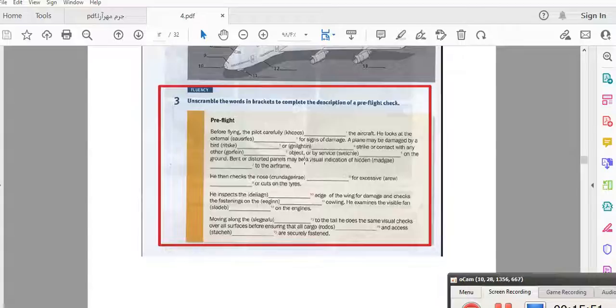Let's go to number 6. Let me read it again. A plane may be damaged by bird strike or a lightning strike or contact with any other foreign object or by service vehicle on the ground. So what is the service vehicle?